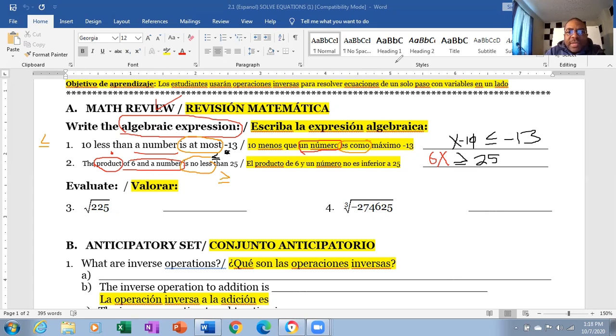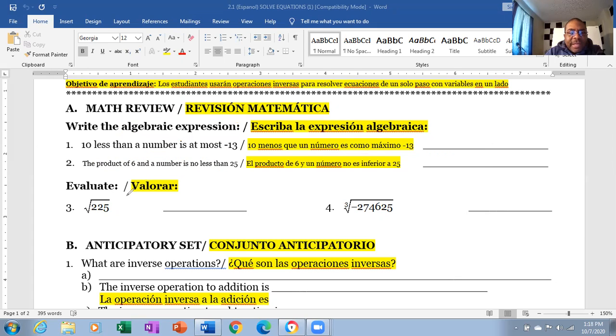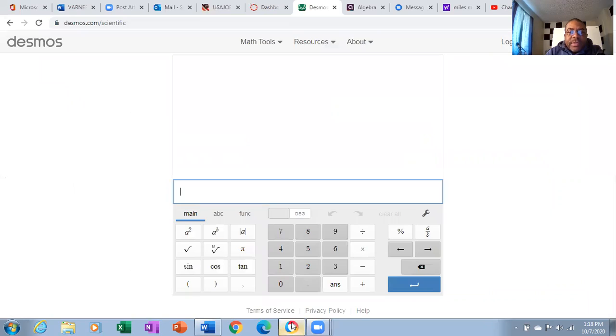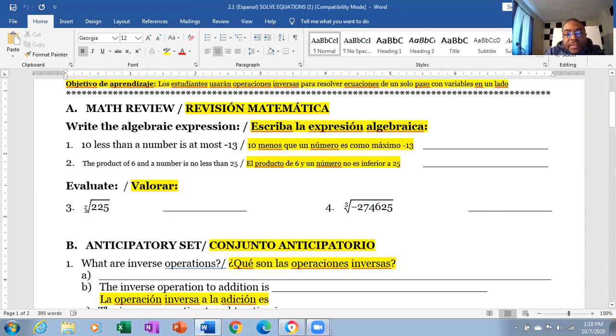So now let's go into some things where we're going to use the calculator, all right? And I recommend that you use decimals. So that says evaluate, which means to figure out. And so what are we going to figure out? We're going to figure out the square root of 225.